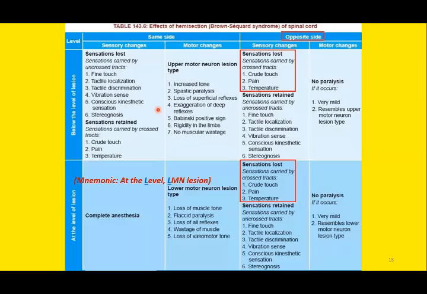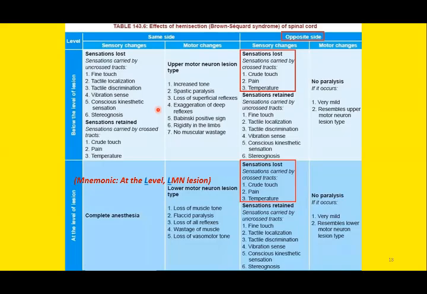So before going into the details, one thing to remember is that the anterolateral spinothalamic pathway is responsible for transmission of pain, temperature, and crude touch. I repeat, the anterolateral spinothalamic tract is responsible for transmission of pain, temperature, and crude touch.